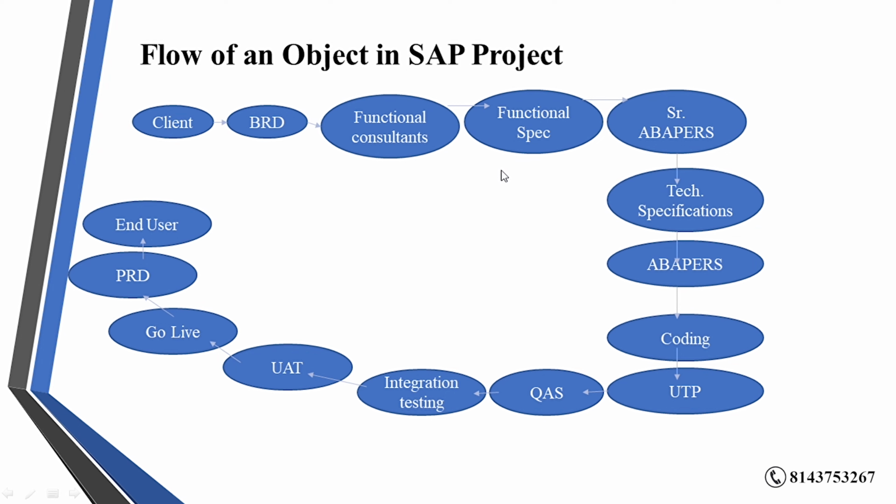These ABAPers will design all the objects provided by the senior ABAPers, and they will do the unit testing. So what they have coded, they need to unit test. That means we do design and testing ourselves, to check whether what we designed is working properly or not.